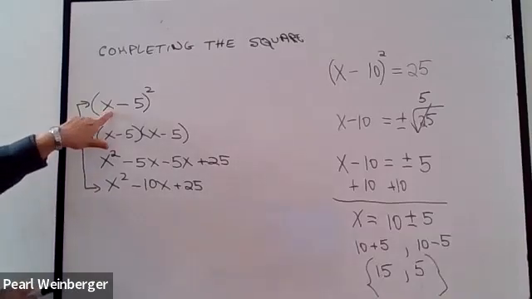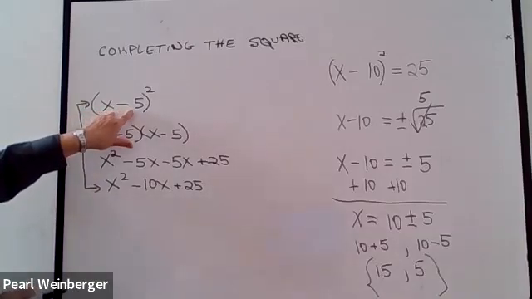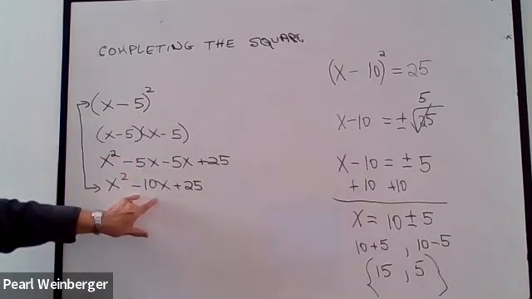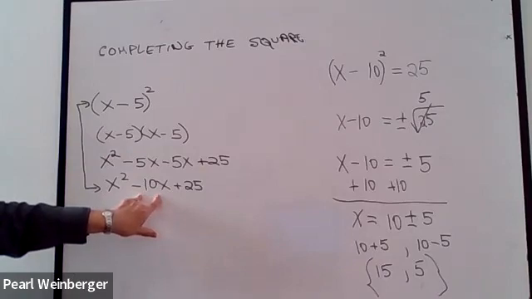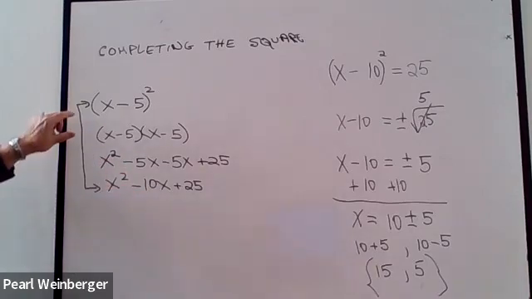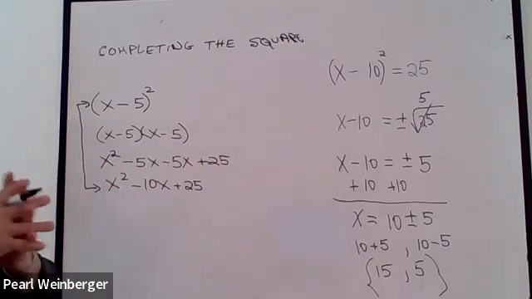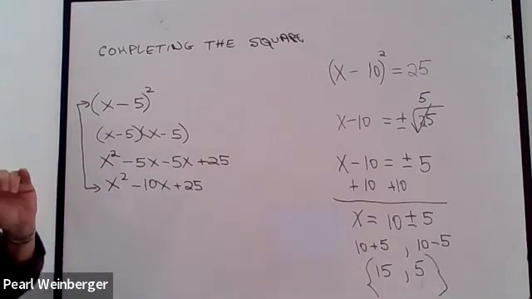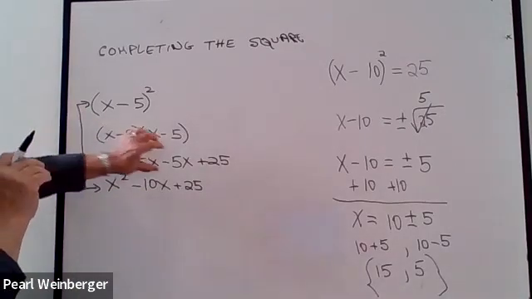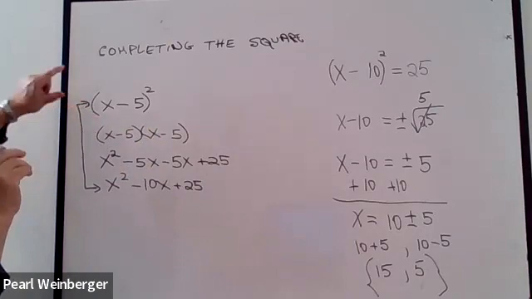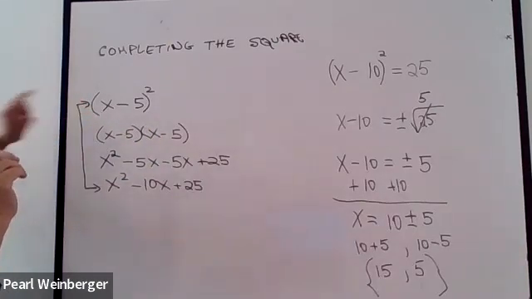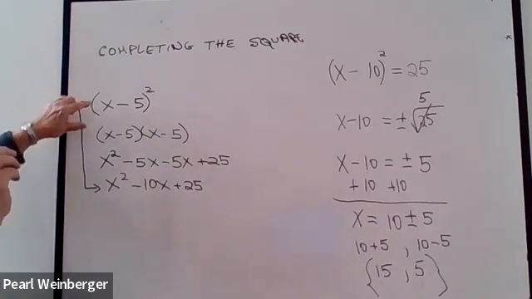First of all, when you're multiplying a binomial by itself, you're going to get a trinomial as your answer. That's because the inner and the outer always combine to make a single term.